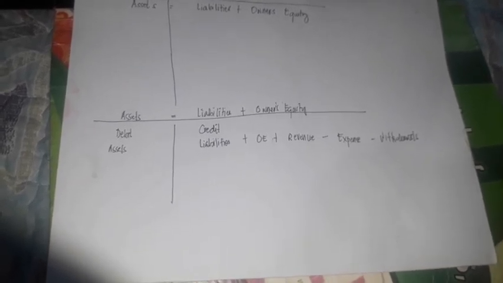So, sa ating rules of debit and credits for ma-master natin siya ng madali, i-a-apply natin ang algebra sa ating accounting equation para mas madali po sa atin. So, meron po tayong tinatawag na transposition.